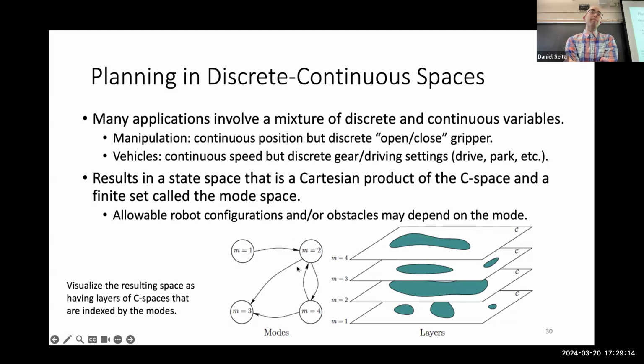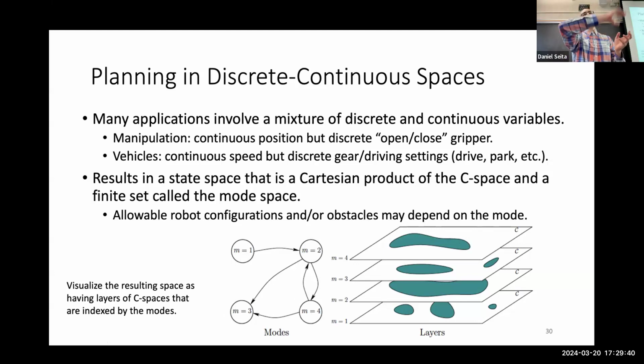Once the robot is at mode 2, it could go to mode 3 or to mode 4. If it's at mode 3, I guess it's stuck there. If it's in mode 4, it can go back to mode 2 or go to mode 3, where it gets stuck. And every mode might result in a different configuration space.